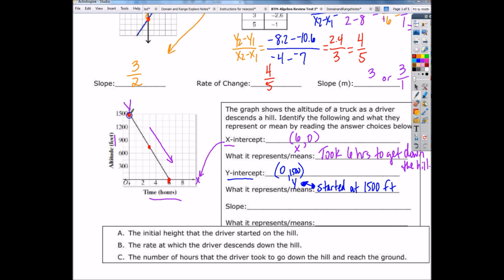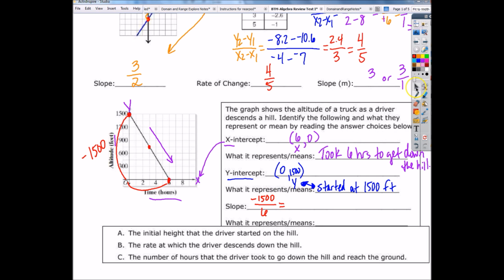So here's 1,500 and here's 0. So I'm going down 1,500. That's my y value. So I'm going down 1,500 and going across 6 over 6. So my rise over run went down 1,500 over 6.